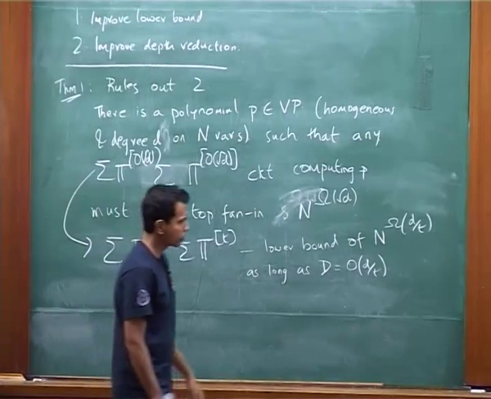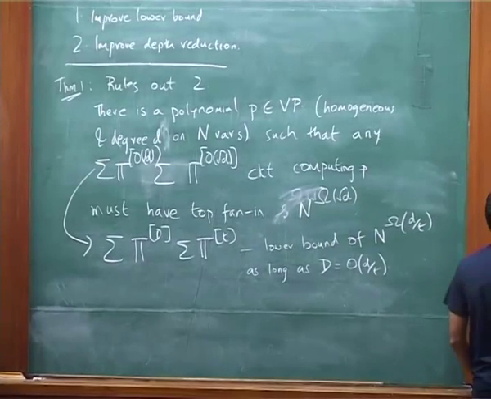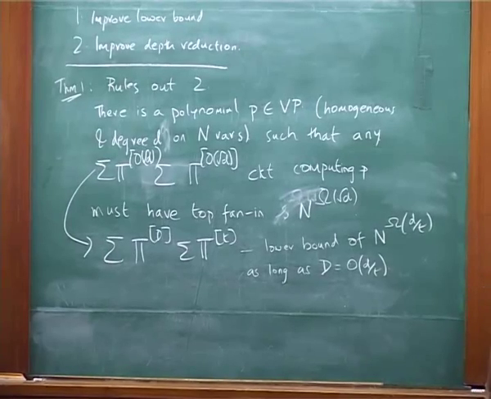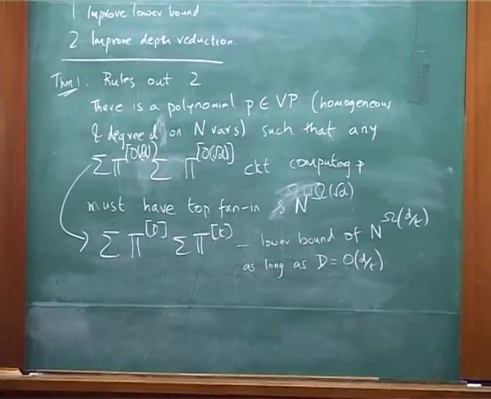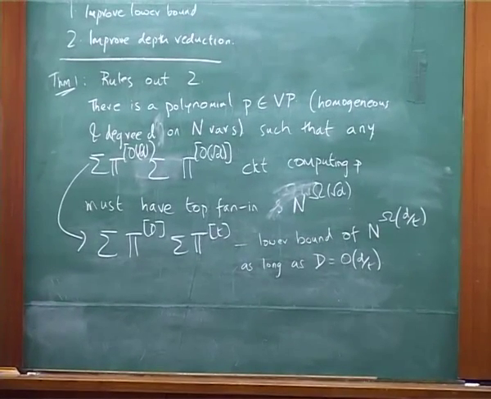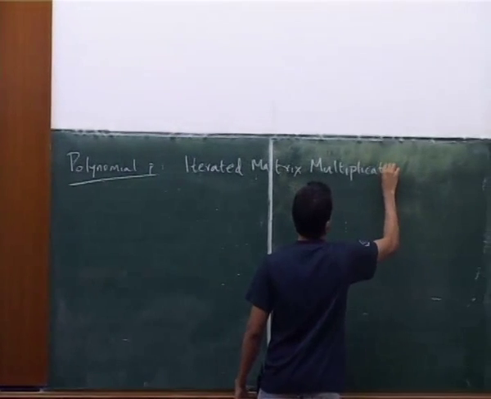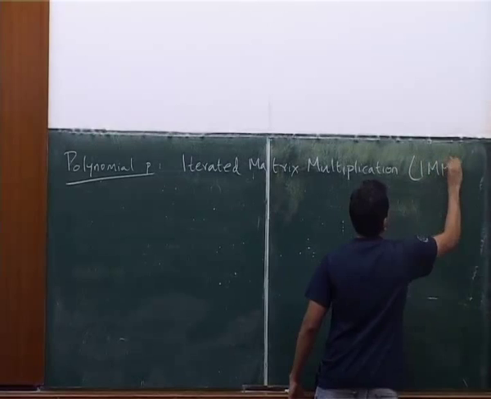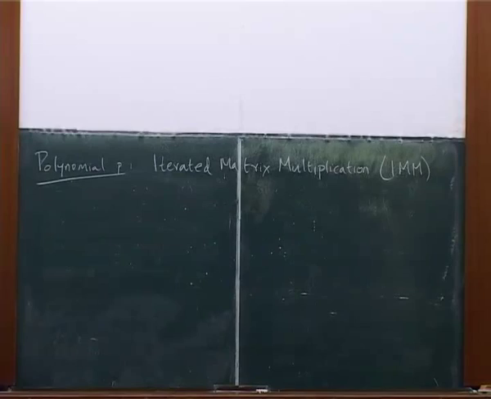So let me also talk about what polynomial we are going to prove this lower bound for. What is this polynomial P? It's actually a pretty reasonable candidate for lower bounds. It's the so-called iterated matrix multiplication polynomial. Yeah, and I'll just say IMM from now on. So what is this polynomial?